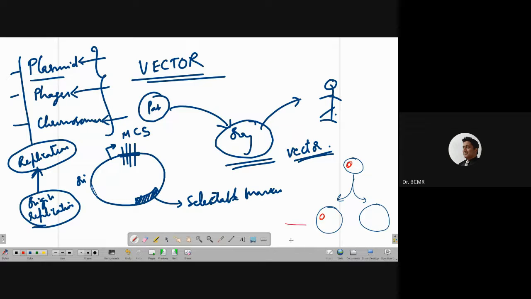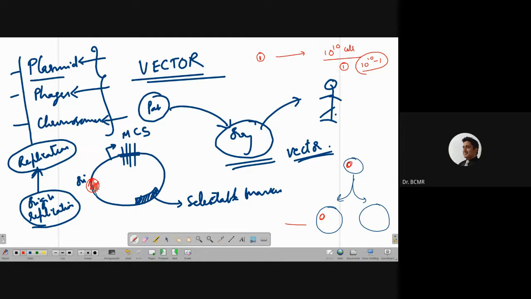If there are further rounds of replication, say one cell has formed a colony of some 10 to the power 10 cells, and that one cell had a plasmid but without an origin of replication, then at the end of the colony formation there will be at most one cell with that vector, that plasmid, and all the other cells will not have this plasmid if the origin of replication is not there.